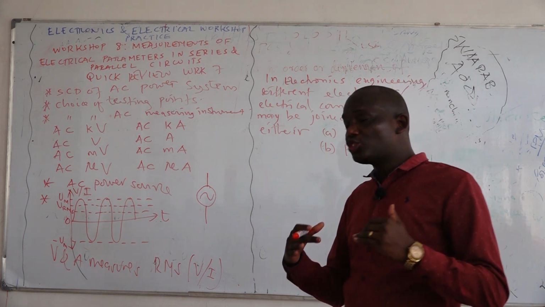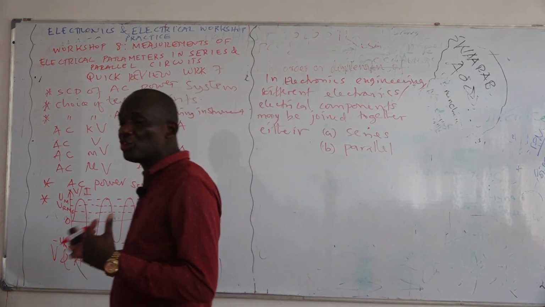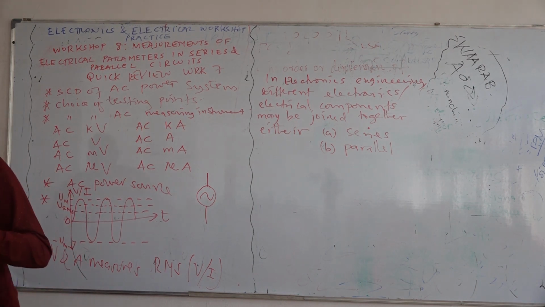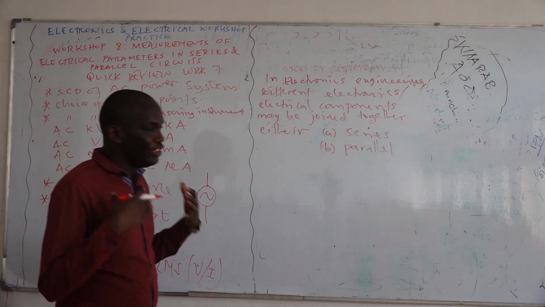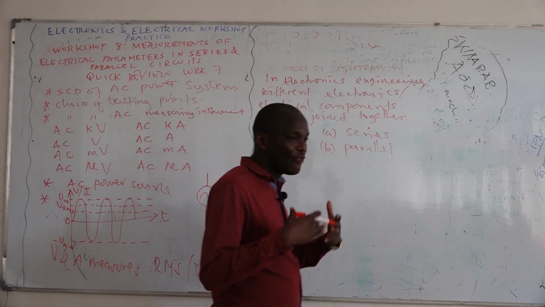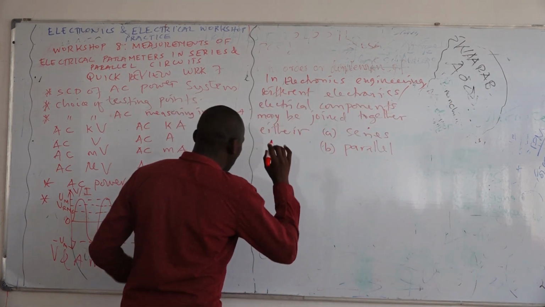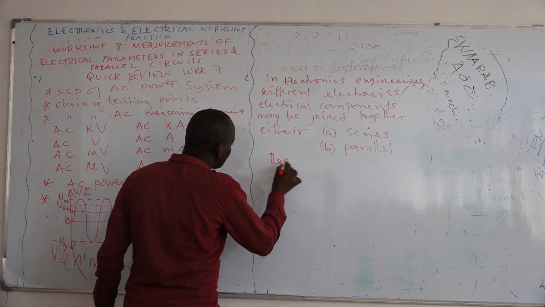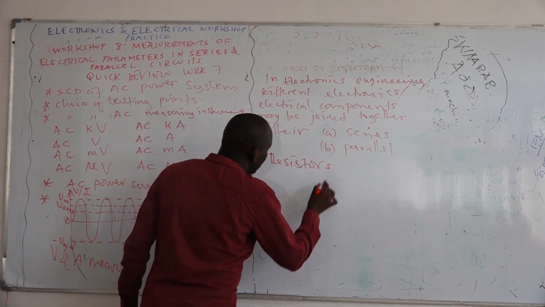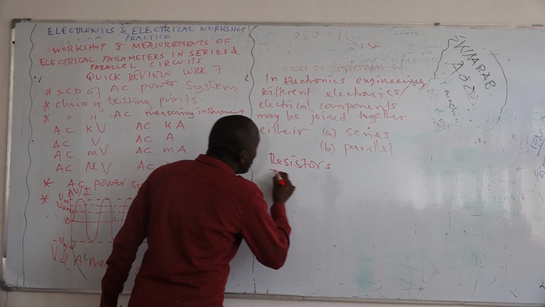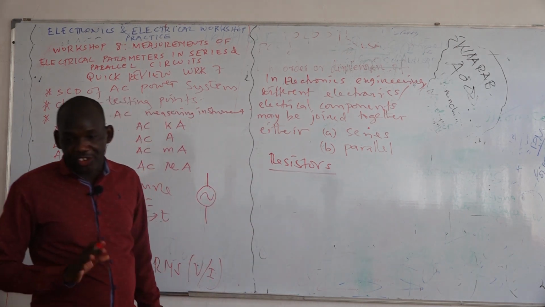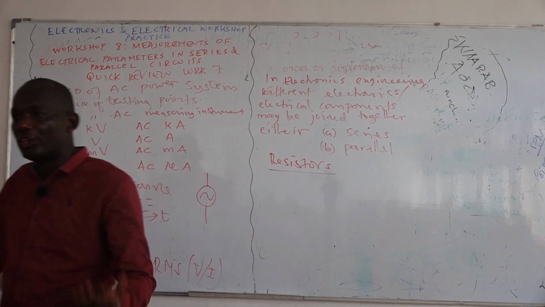Because in electronics, we don't just use components because we need to use them. We use them because we need them to perform a particular function. Okay? So let me just take a simple example of resistors. In calculation, you don't care about the value of the resistance of the resistor. You just calculate.